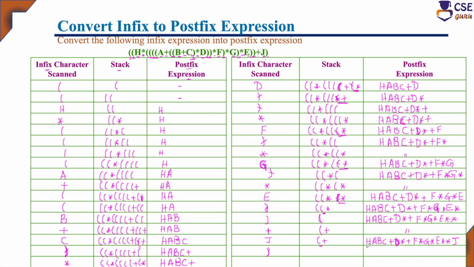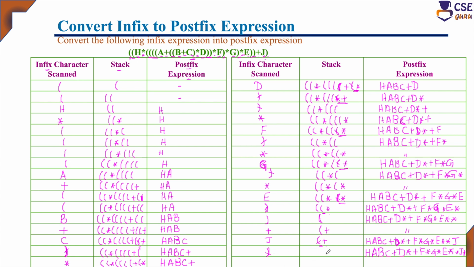So here the postfix expression will be HABC plus D star plus F star G star E double star and then J and then this plus operator you need to pop it and place it in the postfix expression. And then discard this corresponding open and closed parenthesis.